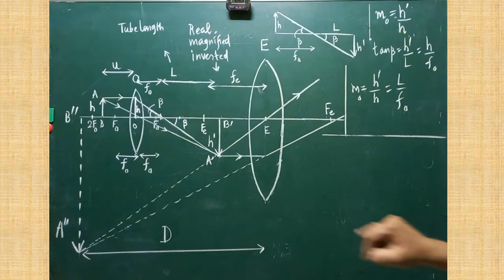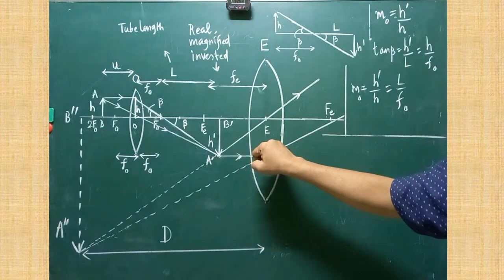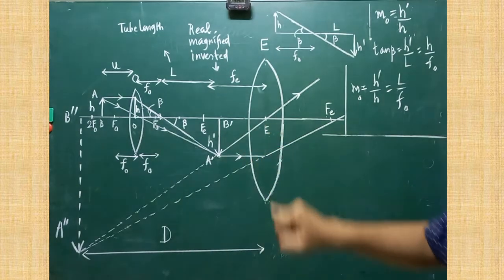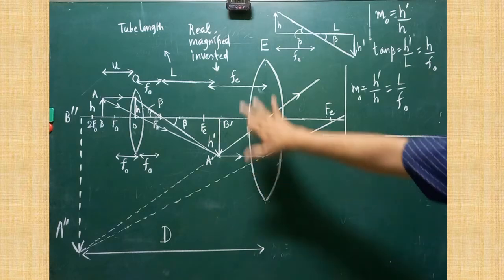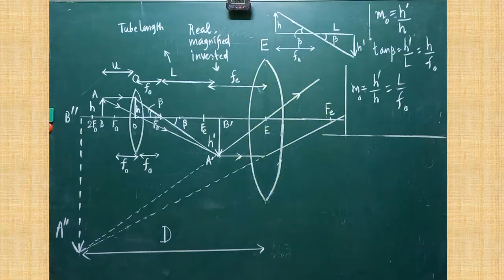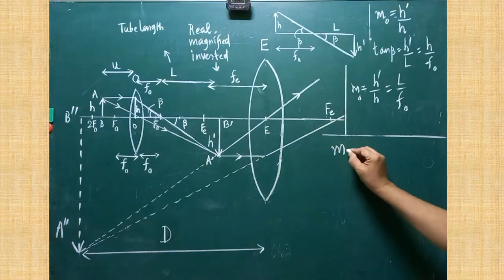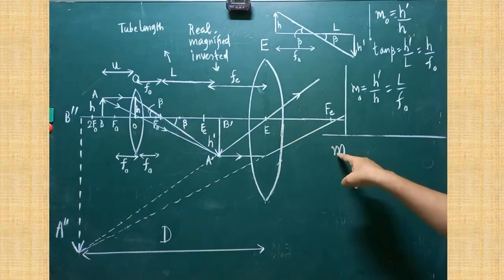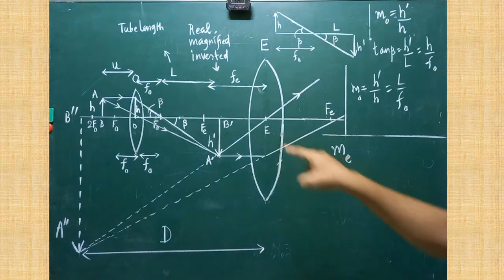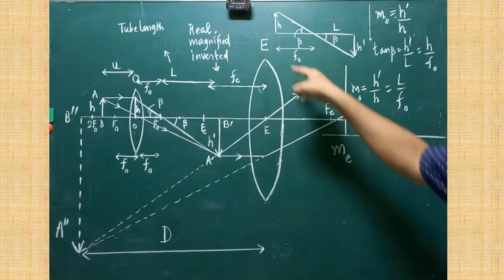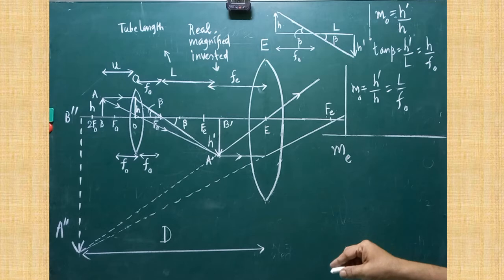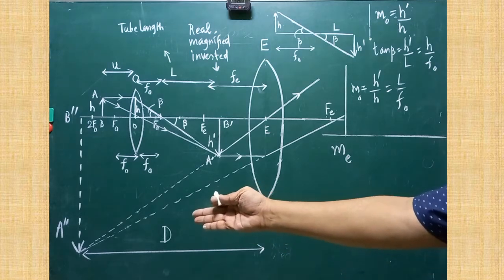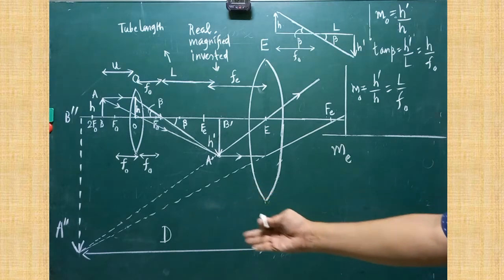Already I have told, this image will act as the object for the eyepiece. Are you clear? This one will act as a simple microscope. In the case of simple microscope, in the case of near point focusing, what is the magnification formula? ME. What is ME? ME means magnification produced by eyepiece. This one part alone acts like a simple microscope, and we are able to see the object at a distance of 25 centimeter.